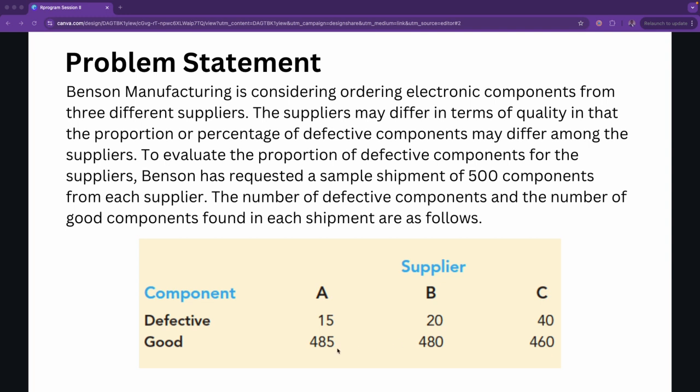We could also see the good ones from each of the suppliers. Just looking at this, we could see that supplier A has a relatively low defective component count, as well as supplier B. But supplier C has a very high number of components that are defective.